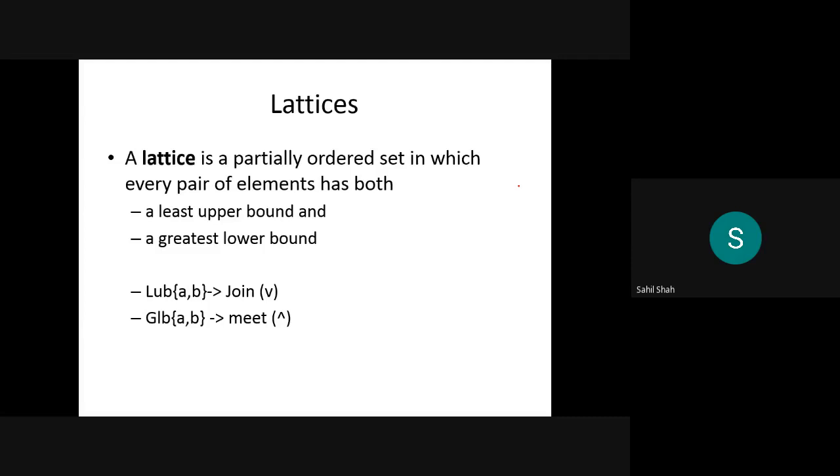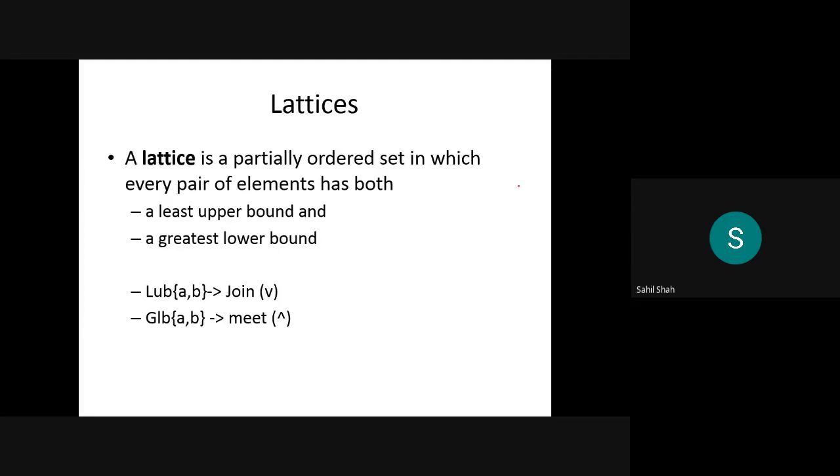First of all, we will draw a Hasse diagram, and if you are able to obtain the least upper bound as well as the greatest lower bound for every pair of elements present in that Hasse diagram, you would say that the Hasse diagram, and the corresponding poset, is representing a lattice.